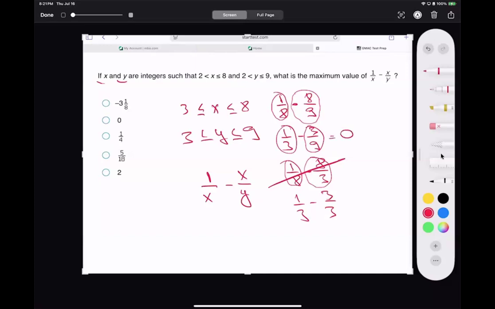So this is 0. Okay? This is negative. Do you guys agree? Is that okay? This is negative. And this is negative. So it's 0.